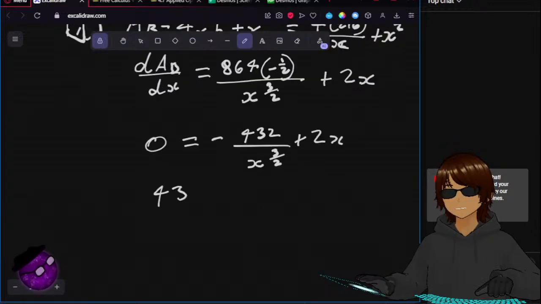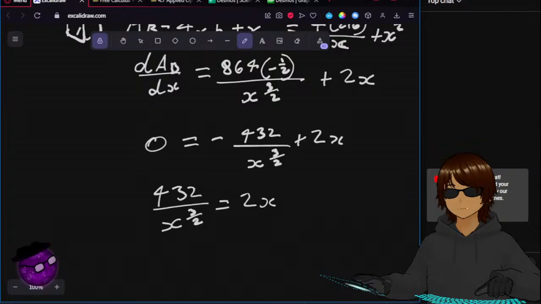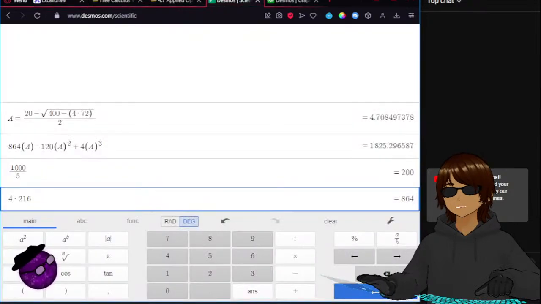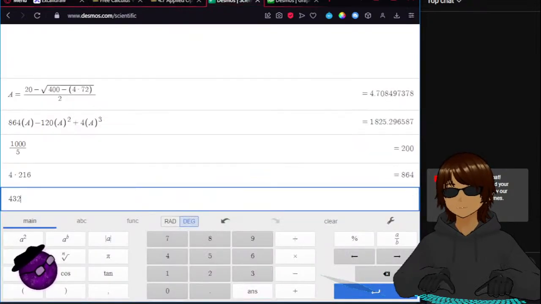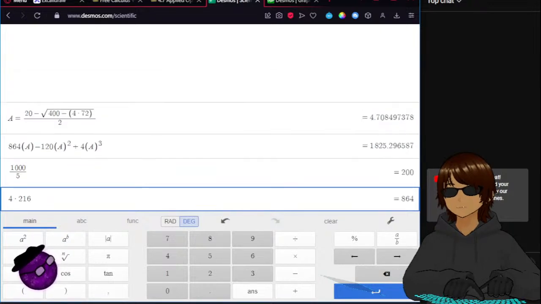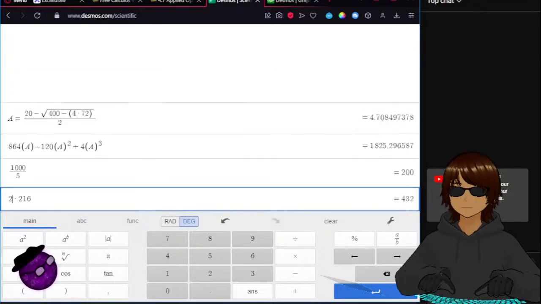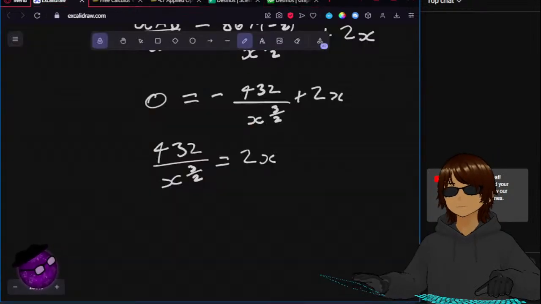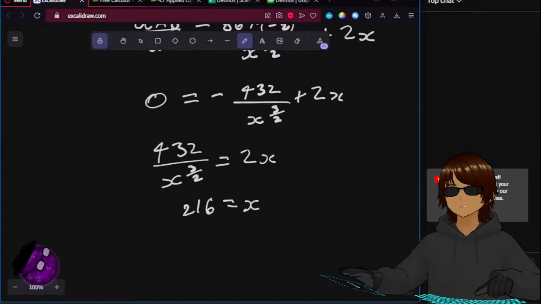And then bring this to the other side. And then 432 divided by 2. Hold on. Dividing this by 2 and then dividing this by 2 again, so I'm left with 216. So 1 plus 3 over 2 is 5 over 2, I think.